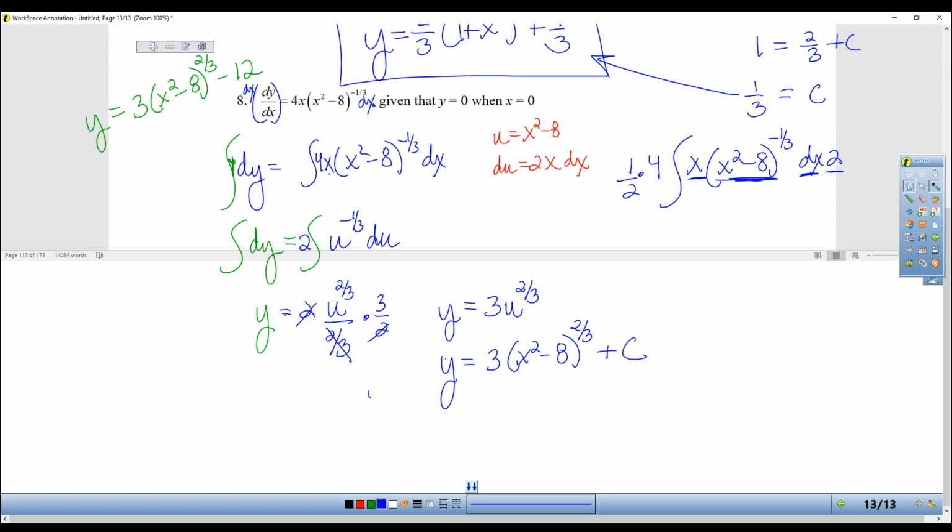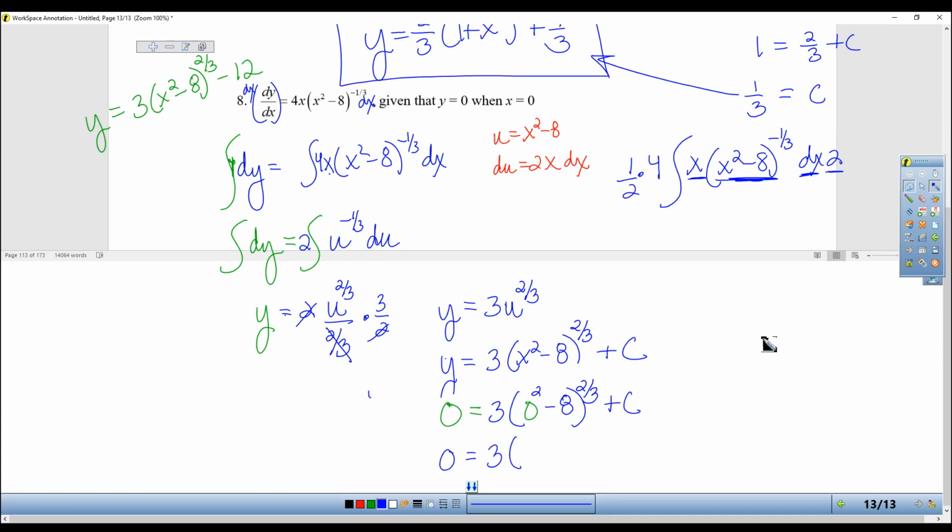So we've been stopping here for our answer. But now it says that when y is equal to 0, x is 0. So I put a 0 in for y and a 0 in for x. 3 times (0 squared minus 8) to the 2/3 plus c. So you do have to know a little bit of math here.